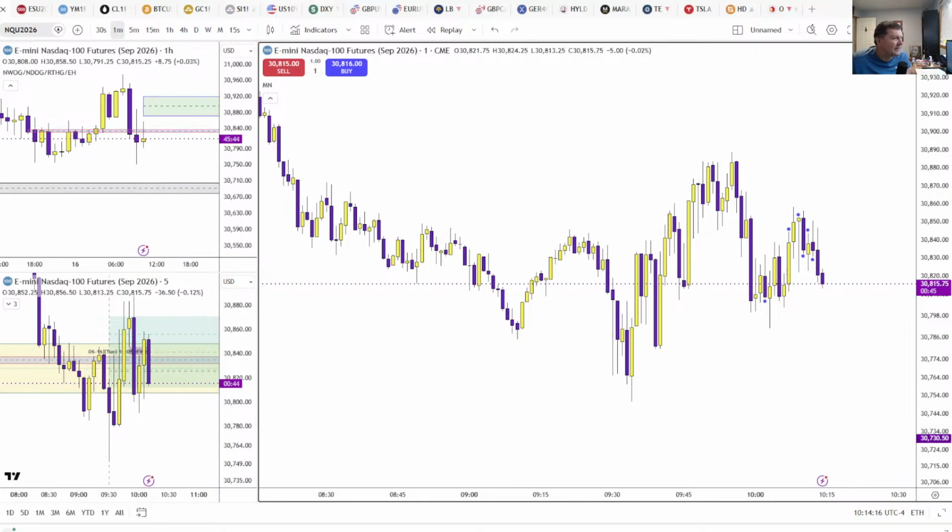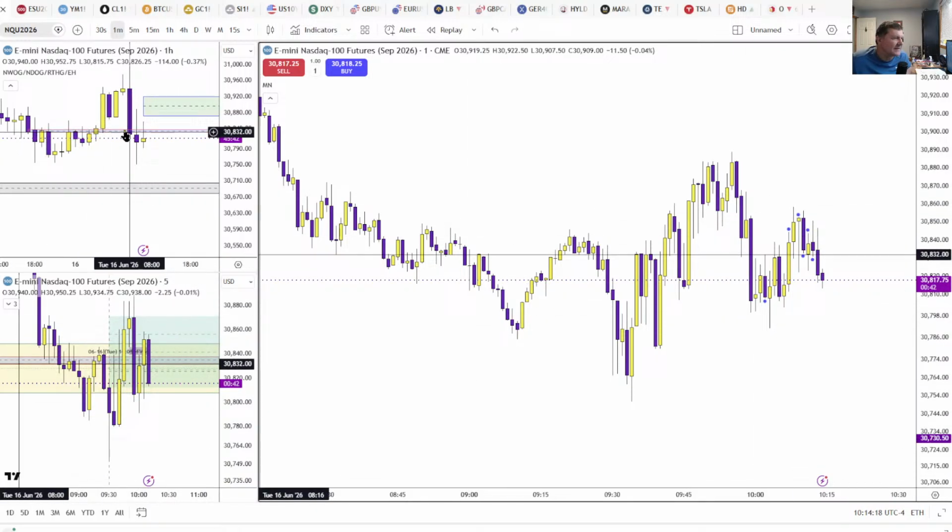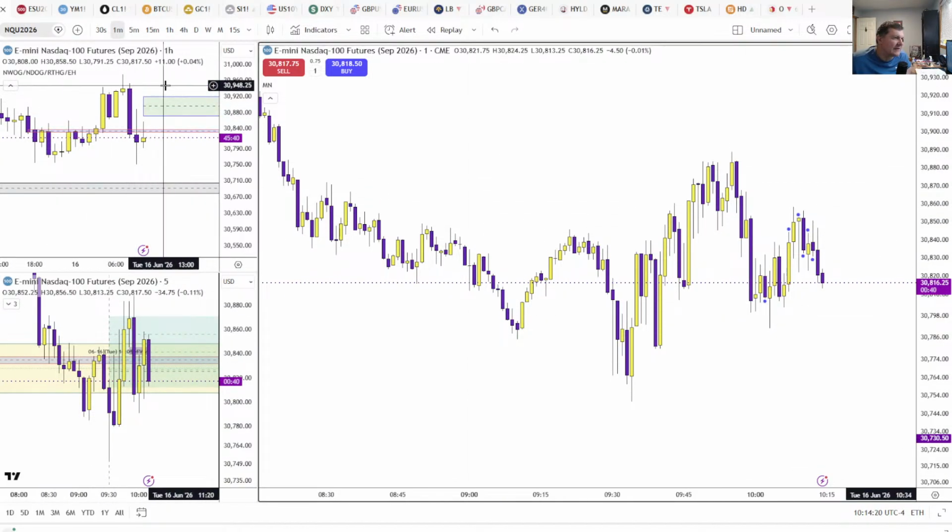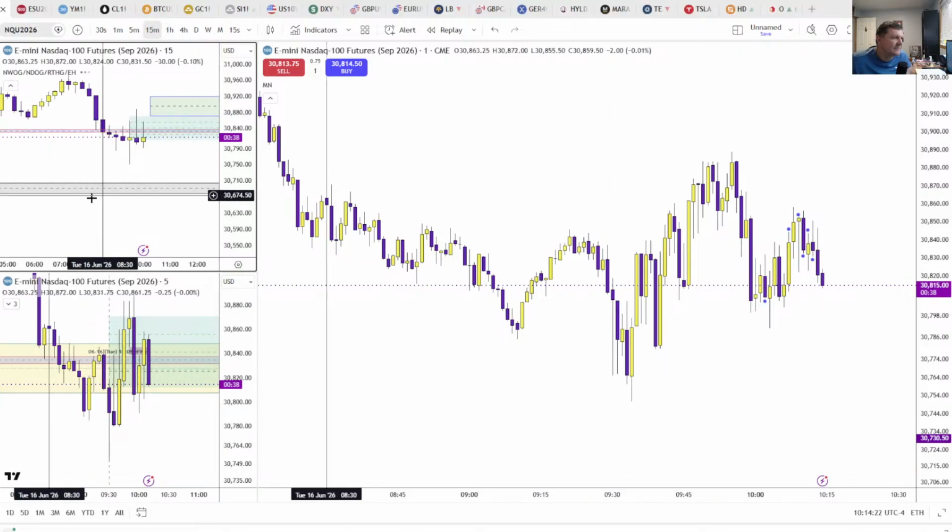Hourly looking on the bearish side. That's bearish. Oh, that's the hourly there. Here's a 15-minute.